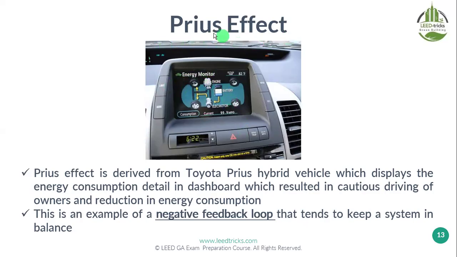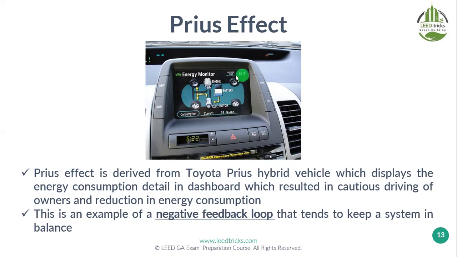The Prius effect, they take it from the Toyota Prius because it's the first car that put the screen, the battery, the engine, and so on, and how all this is integrated together with the wheel and speed. It also gives you the consumption. See here, consumption. If you stay at this speed, what is your consumption? Miles per liter, per liters. Oh, miles per gallon. Miles per gallon. And if you increase the speed, it will give you the new value.